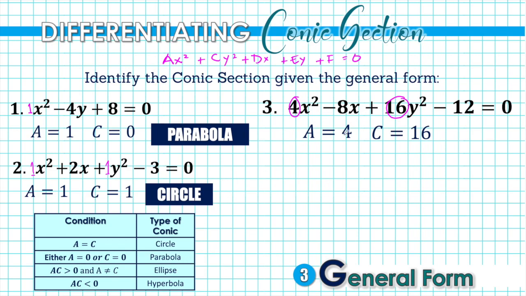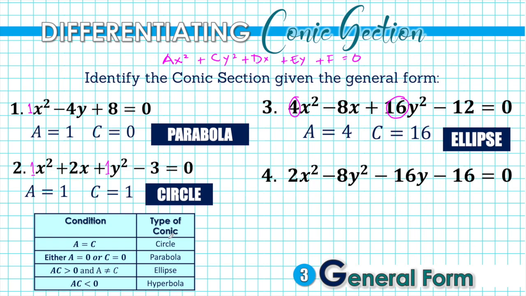And A and C are of course not equal as well, so it is not a circle. Our only option is ellipse or hyperbola. So in checking the product of 4 and 16, we can definitely assume that it is greater than 0. So the only conic section applicable to this condition is an ellipse.